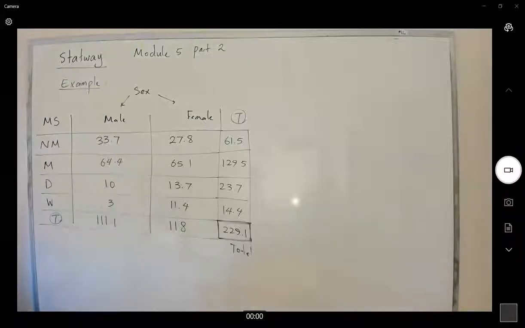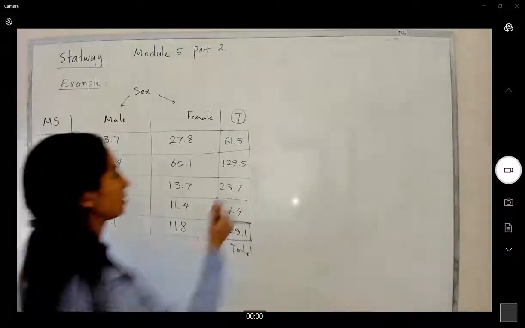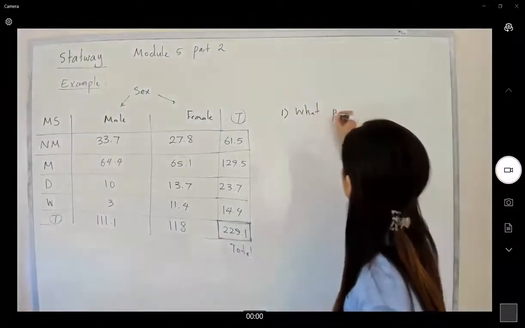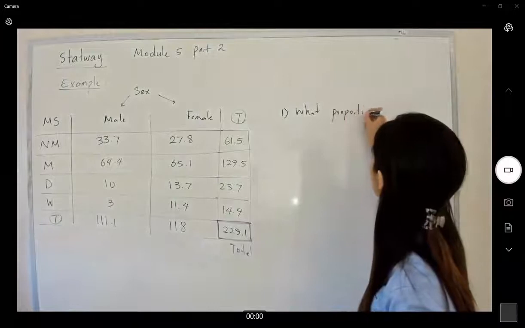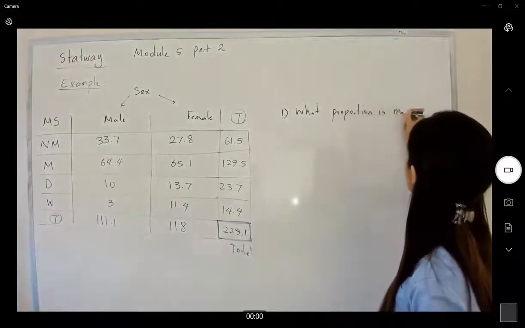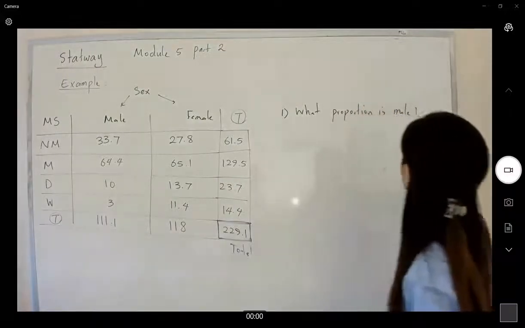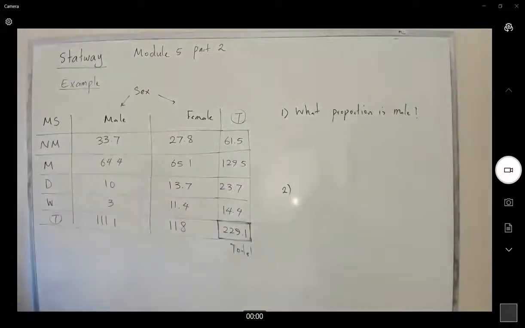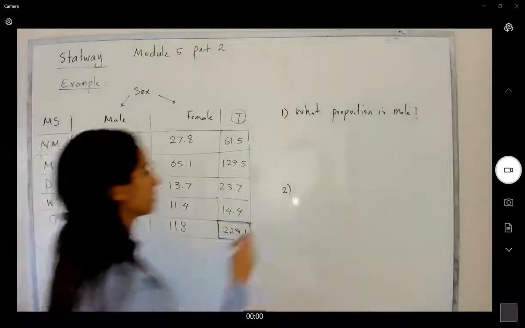So let's take a look at the questions. The first question says, what proportion of the adult population in the US is male? What proportion is male? And the second one says, what proportion of the US population is currently married?